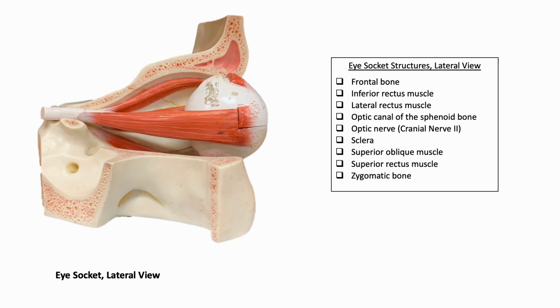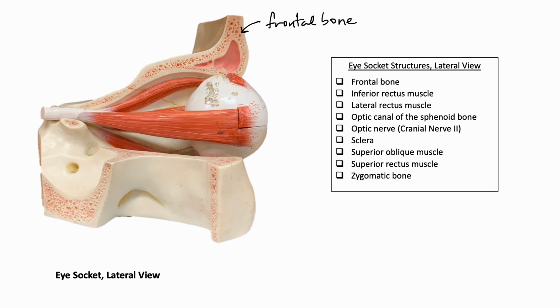Now we're looking at a little bit different view. So this is going to be the lateral view. So we're looking at this as if you were looking at someone right from the side, if they were facing straight ahead and you were looking at them from the side. And so again, we want to label some of these landmarks so that we can identify which muscles we're talking about. So this here, right, is going to be my frontal bone, that bone that it's cut away, but if it wasn't, it would continue across the forehead.